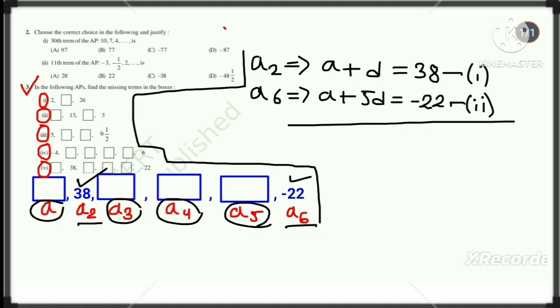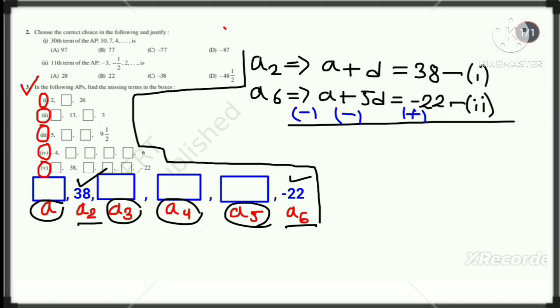Now let's subtract equation 2 from equation 1, and in doing so, the sign of the terms which are getting subtracted will be changed. So the sign of this A will be changed into minus, and the sign of 5D will be changed into minus, and here will be plus.